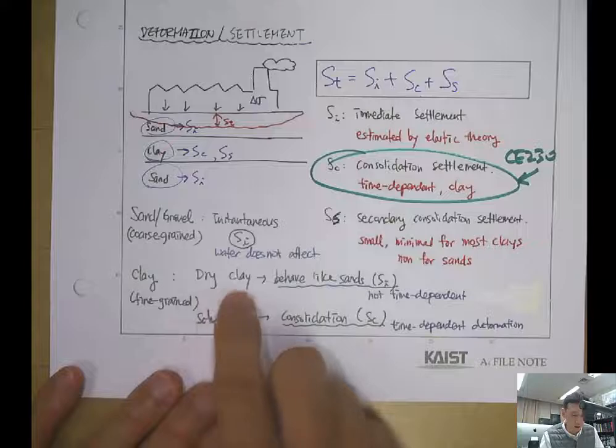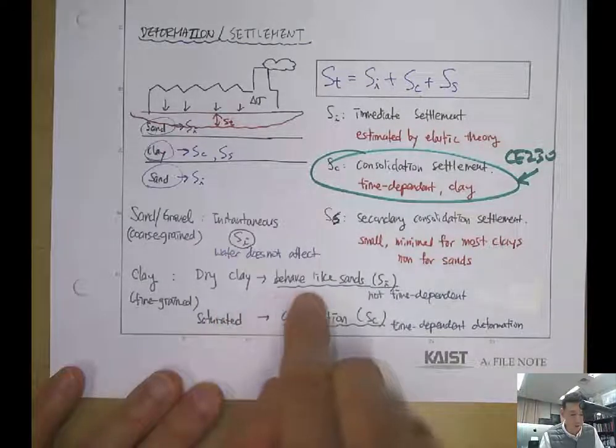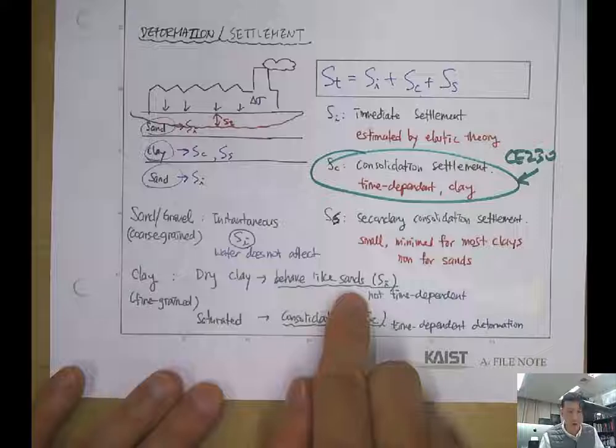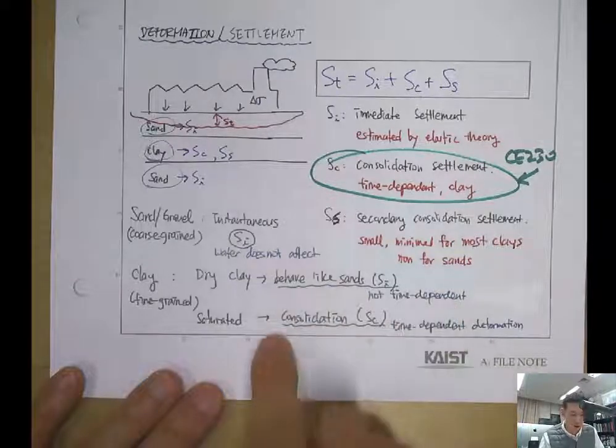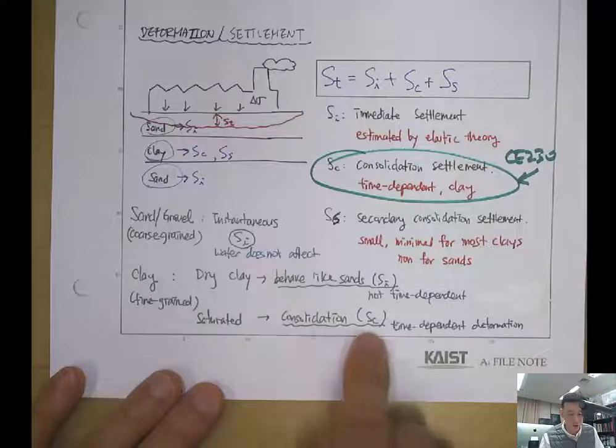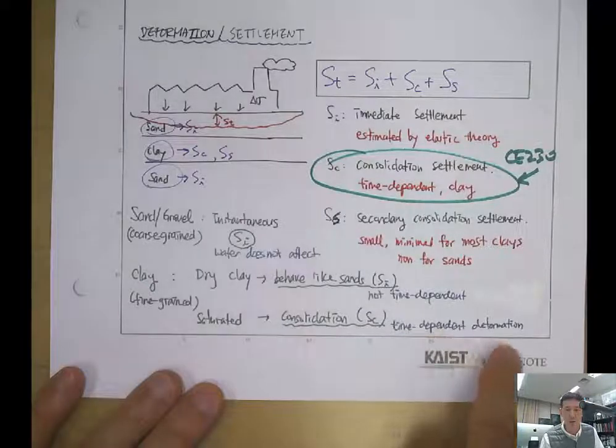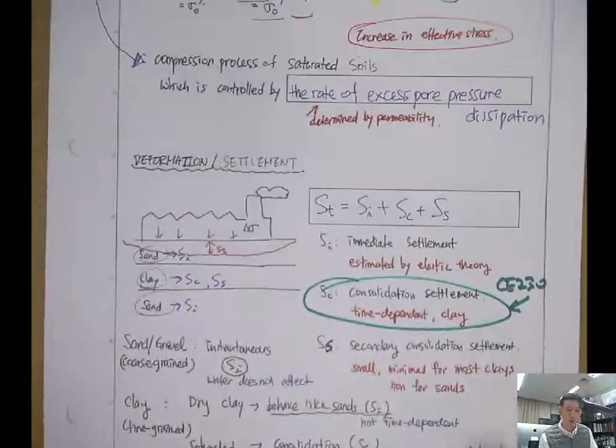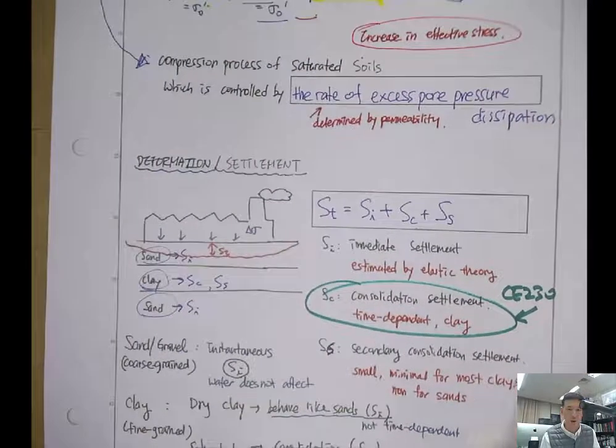And if it's dry clay, it's very unlikely to meet dry clay, but it will behave like a sand. And in this case, the deformation will not be time dependent. But the consolidation settlement will be time dependent deformation, because it will be controlled by the low permeability of that clay.